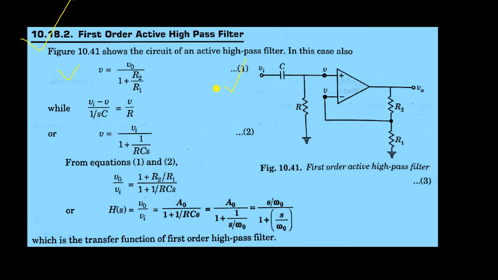So V = V0/(1 + R2/R1) here, while (Vi - V)/(1/SC) = V/R.